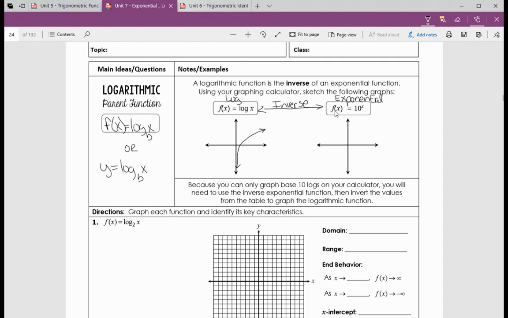Now, when we did exponentials, we had growths and we had decays, and an exponential growth starts close to the x-axis and goes up. I have to apologize. I called this the x-axis. The logarithm starts close to the y-axis and then goes away.